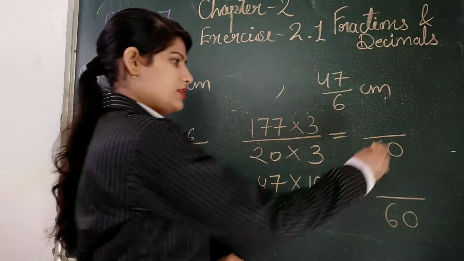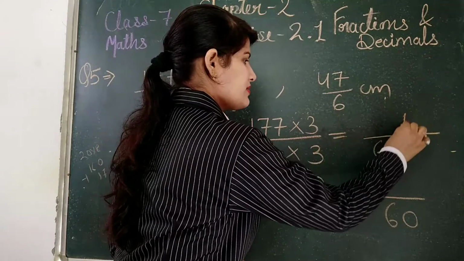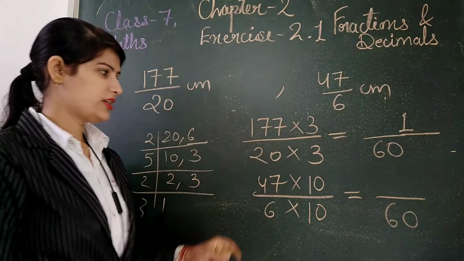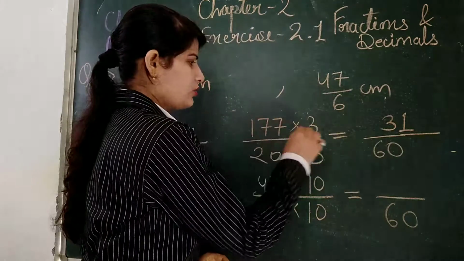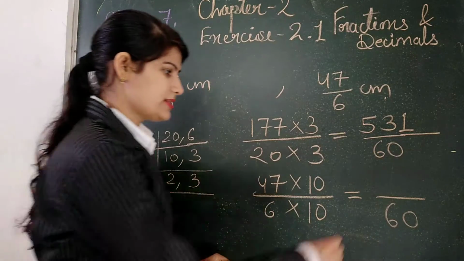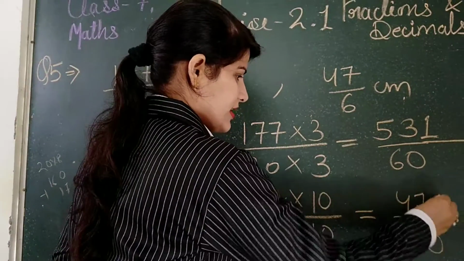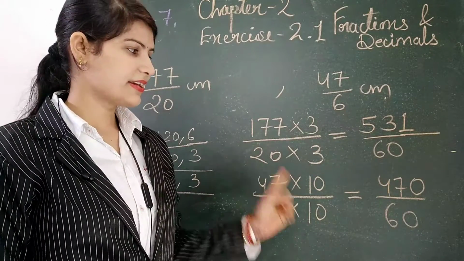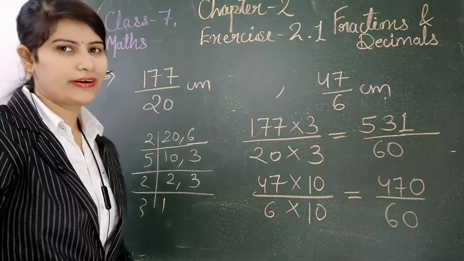Now 3 sevens are 21, 3 sevens are again 21, 22, 23, and 3 1s are 3, 531, and this one is 470. You can easily say the perimeter of the triangle is greater than the perimeter of the rectangle.